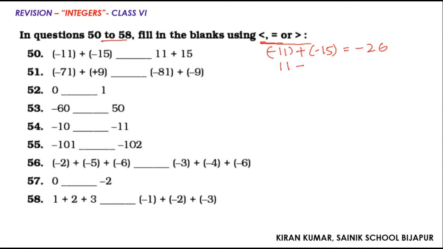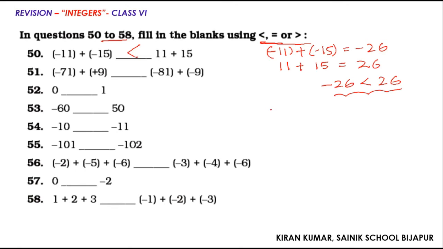When positive 11 is added to positive 15, we get the sum as positive 26. Among these, which one is larger? We have negative 26 smaller than positive 26. So the symbol which should be used is less than.